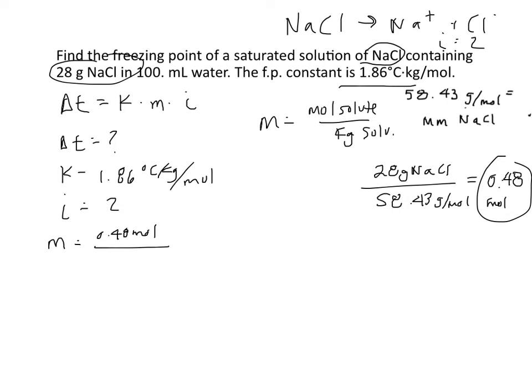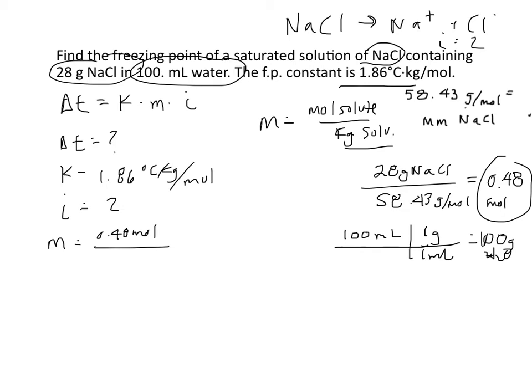Now I need kilograms of solvent. My solvent in this case is water. I have 100 milliliters of water. I know that the density of water is basically 1 gram per milliliter, so 100 milliliters gives me 100 grams of H2O.